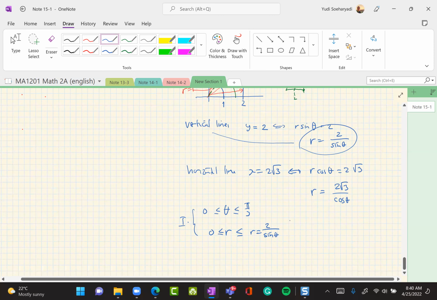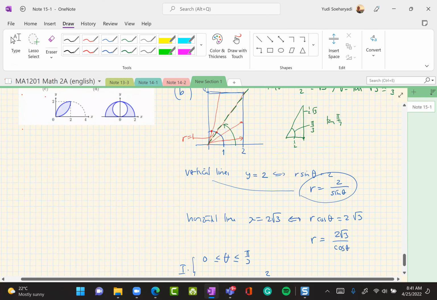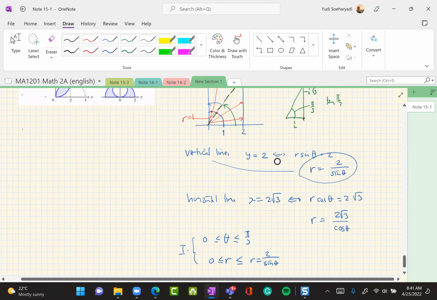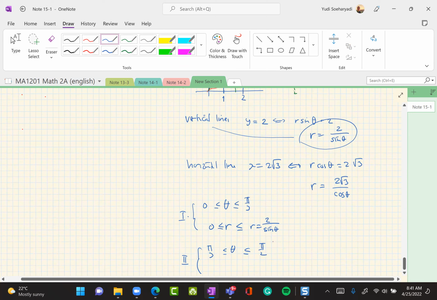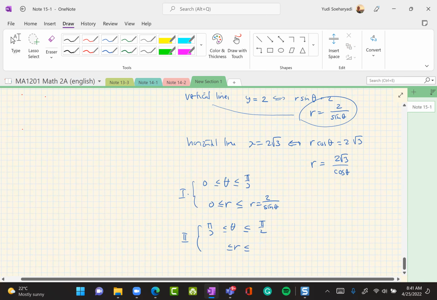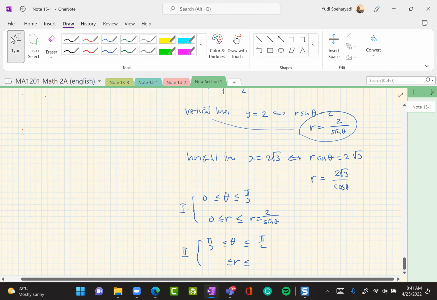The second part is theta from pi over 3 to pi over 2, and r is between, sorry, r from 1 until here.